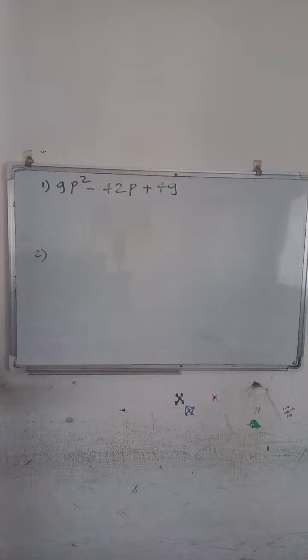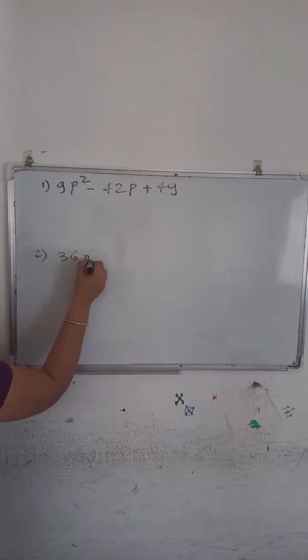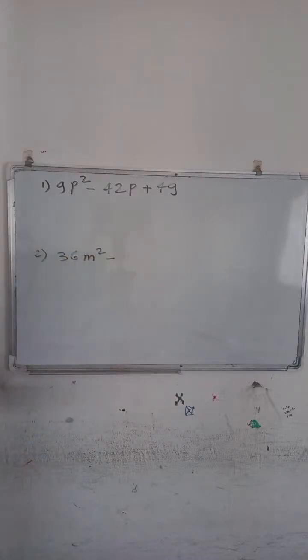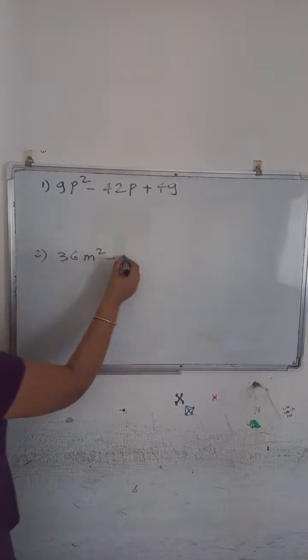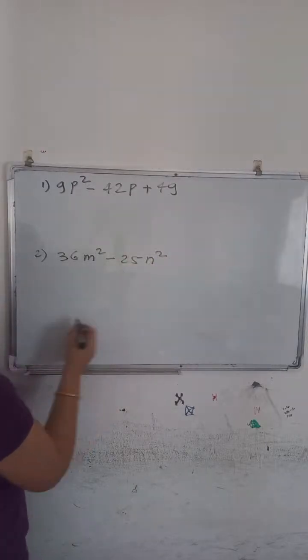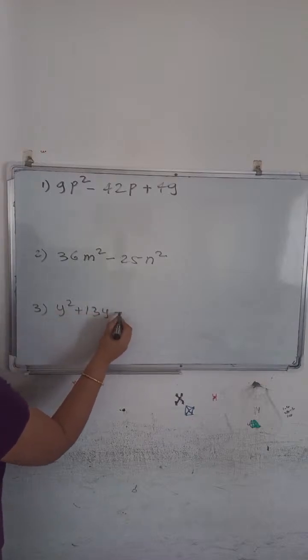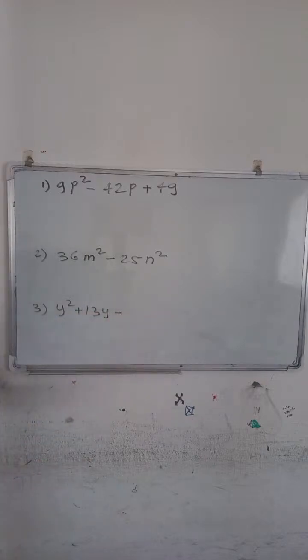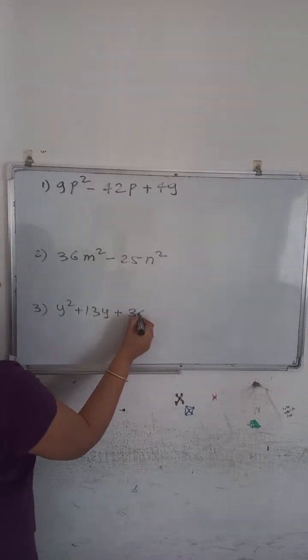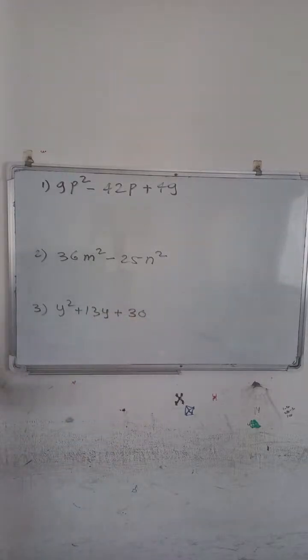Second is given: 36m square minus 25m square. And third is given: y square plus 13y, not minus, plus 30.